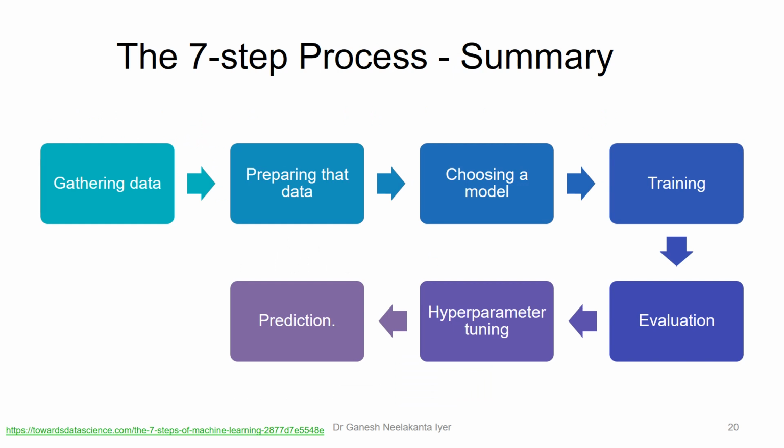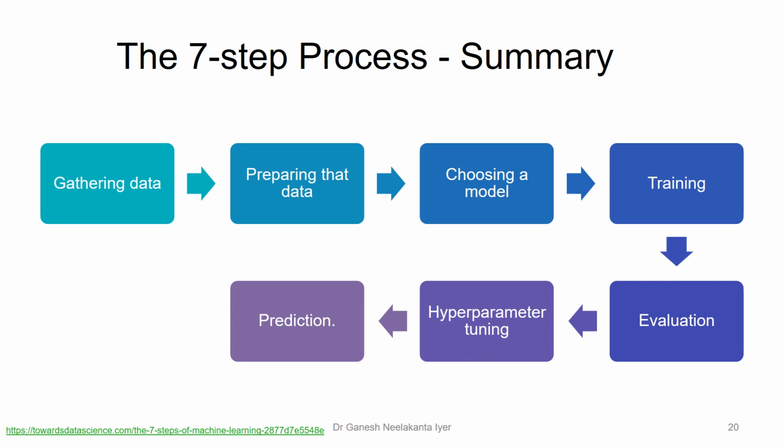So to summarize, the 7 steps are: gather data, then process the data for homogeneity. Preparing data is a huge step, believe me, it is not easy. There will be missing data, there will be wrong data, there will be a lot of uncertainties. We have to deal with all of them.